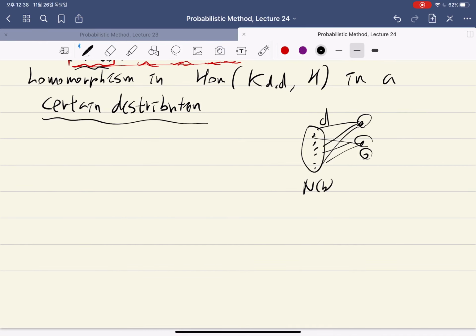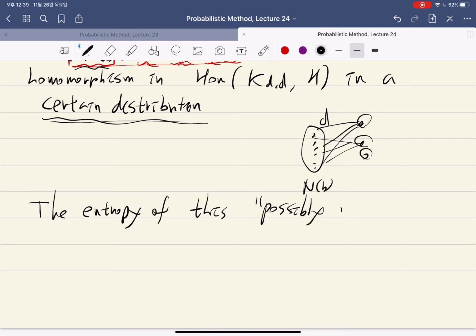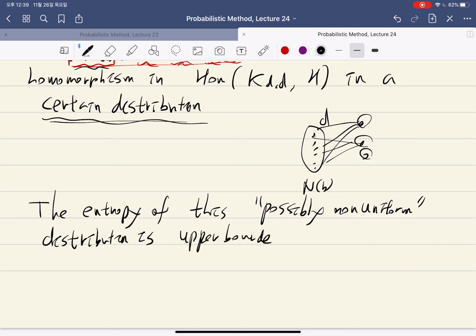But what's the entropy of this distribution? The entropy of this possibly non-uniform distribution is upper bounded by what do we know?